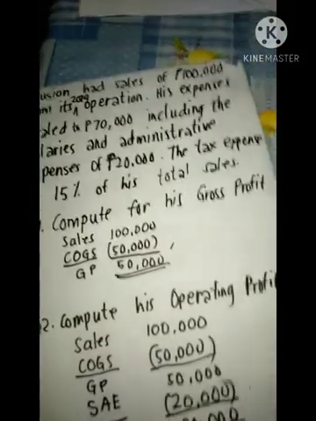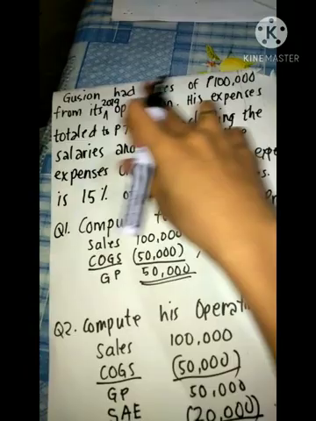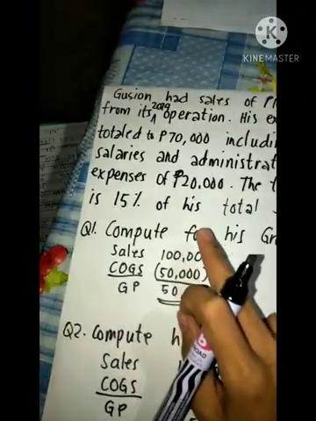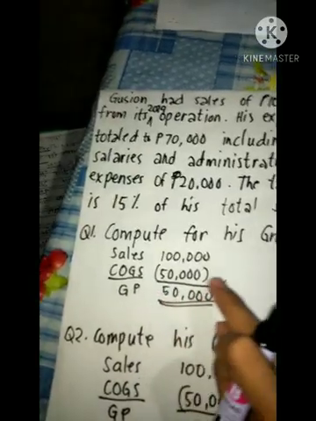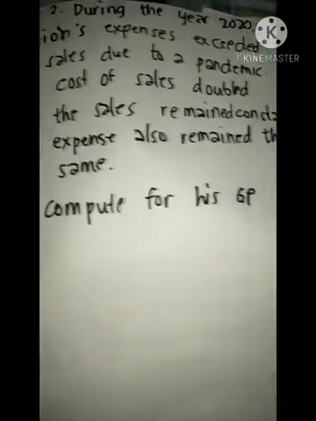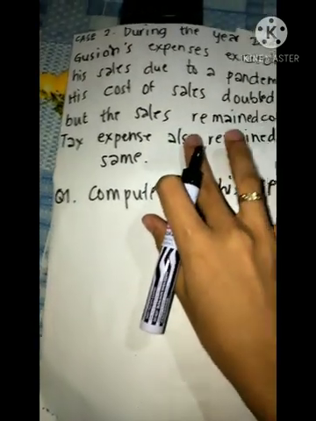So, yung sales daw ni Gushon, ganun pa rin. So, kung mababalikan natin to, ang sales ni Gushon is 100,000. Ang cost of sales niya or cost of goods sold is 50,000. By the year 2020, it doubled due to a pandemic.